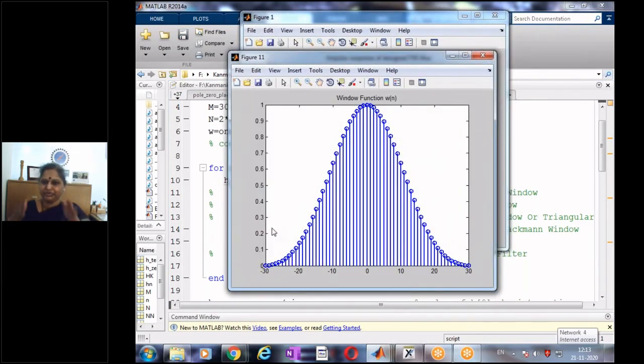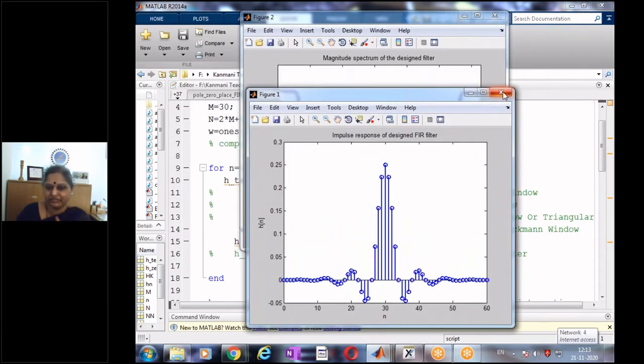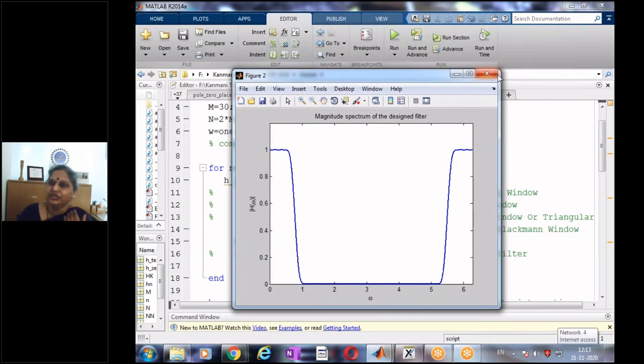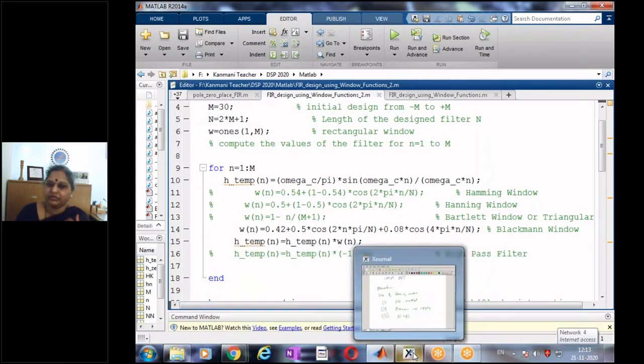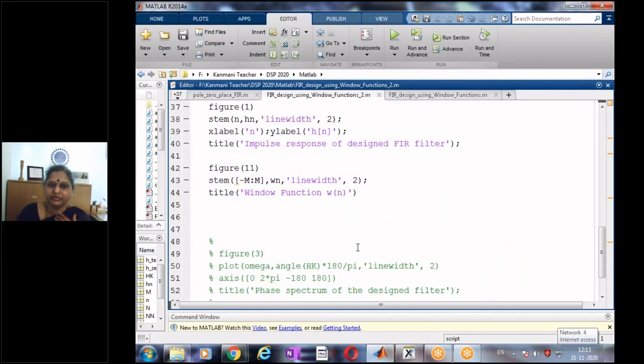Once again, it's beautiful, it starts off almost from 0 and goes to 1. And this is my impulse response of the design filter after multiplying by the window function, and this is the frequency response of the design filter. So this example was just to show what happens when we introduce the window function.